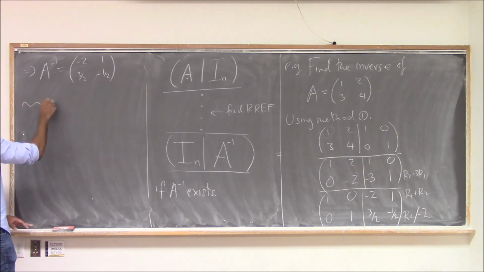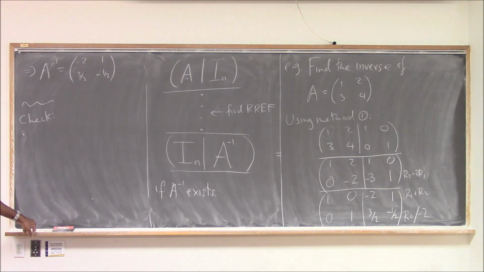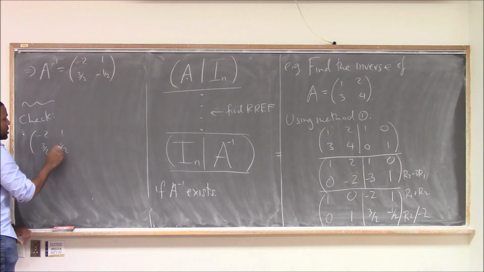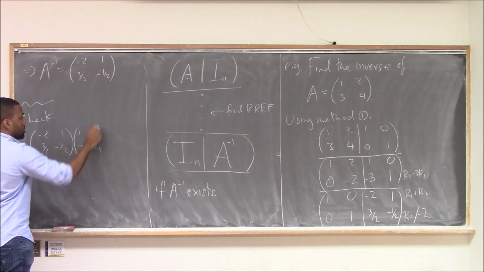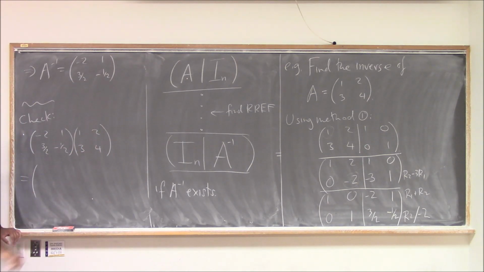And we can check. If I take minus 2, 1, 3 over 2, minus 1/2, and I multiply that by the original 1, 2, 3, 4, what would I get?